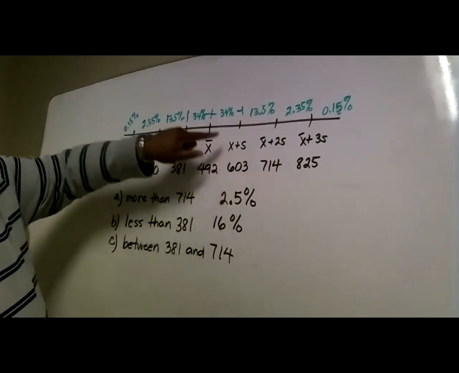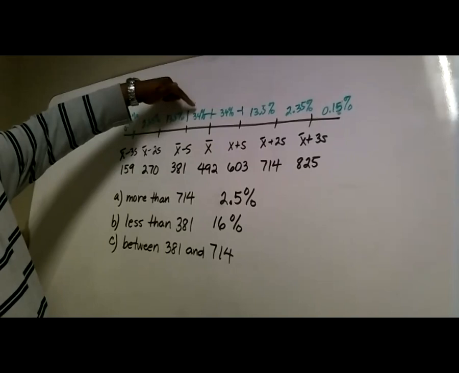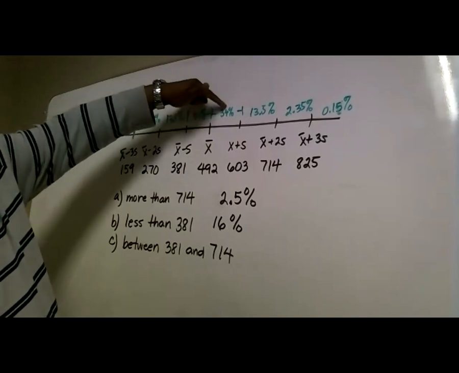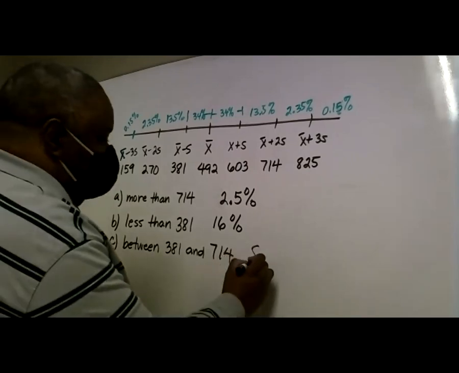So we have to look at the percentages that are between 381 and 714. That would be 34 plus 34 plus 13.5%, which would be how much? 81.5%.